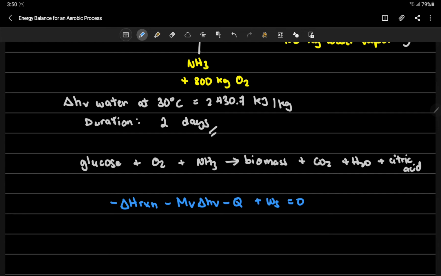Now, each term here in this equation refers to the 2-day culture period. Okay? 2 days kasi yung duration ng ating culture or ng fermentation. So, we have to keep that in mind.